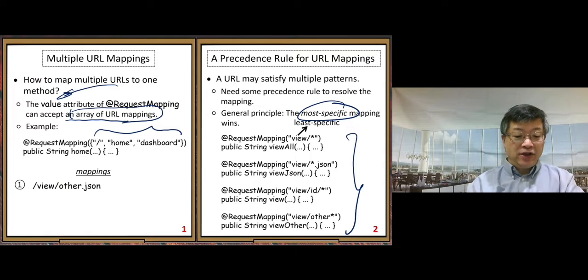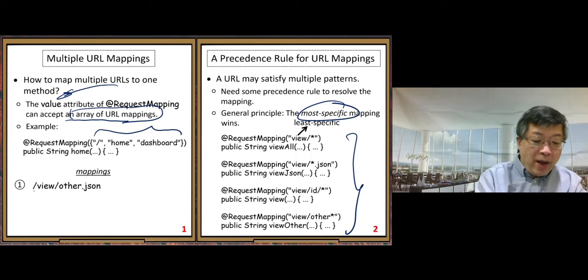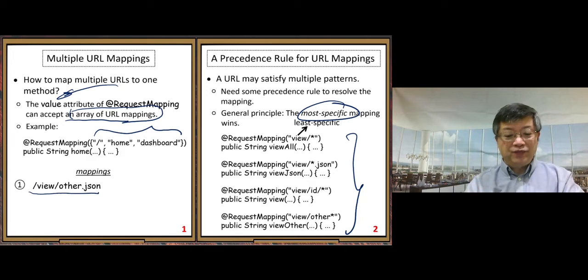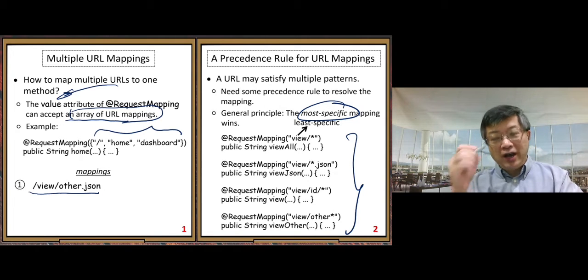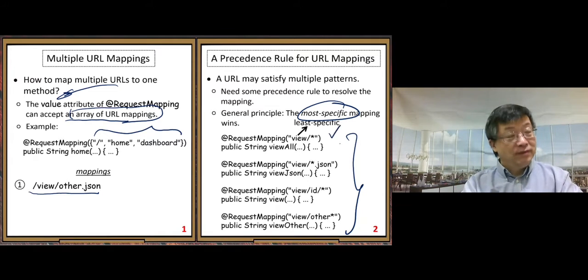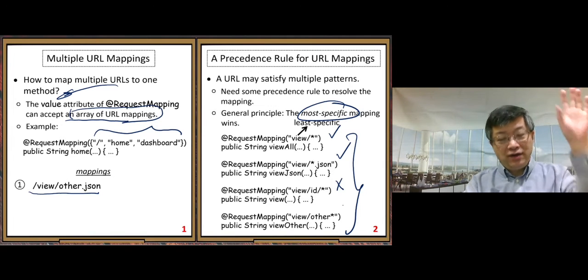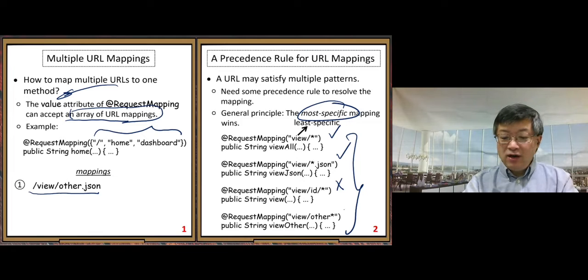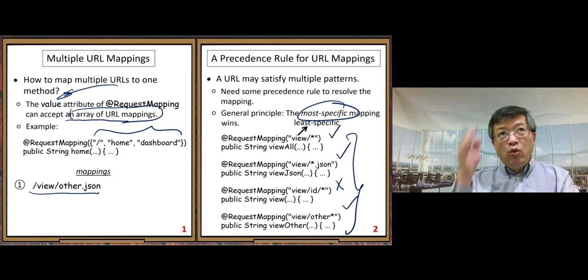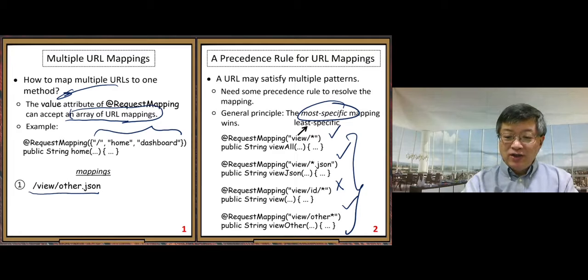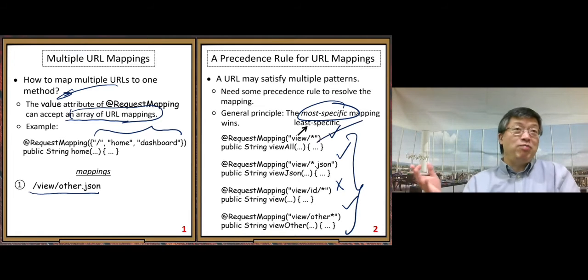Now, examples. For the first one, if the URL is given in this way, which one should you map? First, let's check. The first one matched, right? Second one, .json, matched. Third one, ID, no, because ID does not match the other part. Other star matches it, right? So 3 matched. Which one is the most specific one? Least specific, we can remove.